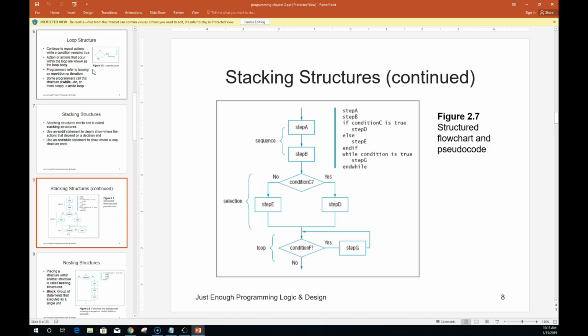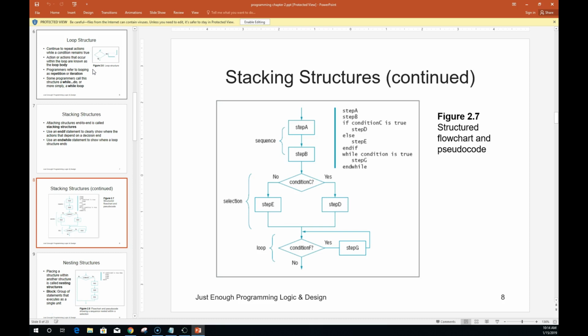So we have a sequence up at the top. That sequence ends, and the selection begins. Once that selection is done, we have a loop of some sort. Now, we don't know what this program's doing, but we can see the logic of it.